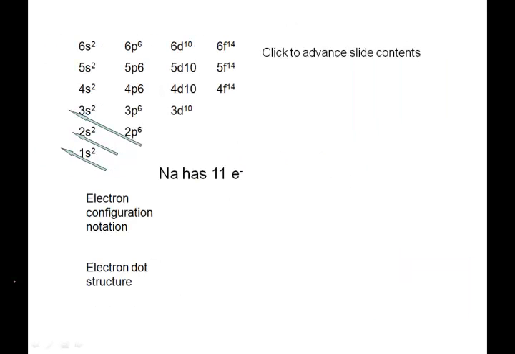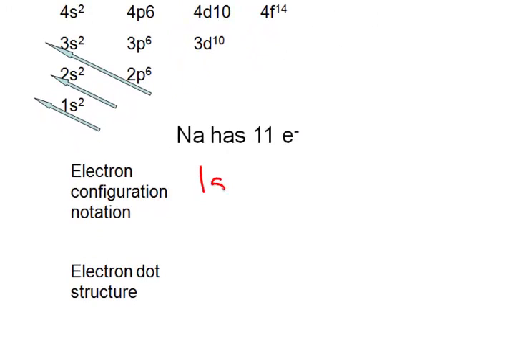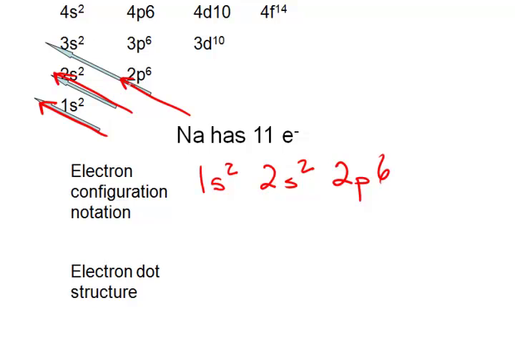Now atomic number 11 is sodium. So we're going to want to fill in our electron configuration notation so that we get up to 11 electrons. Now we're going to skip the orbital notation and just focus on the electron configuration notation. So 1s2 fills, and then we go to 2s2, and then we go to 2p, and it can hold up to 6 electrons.